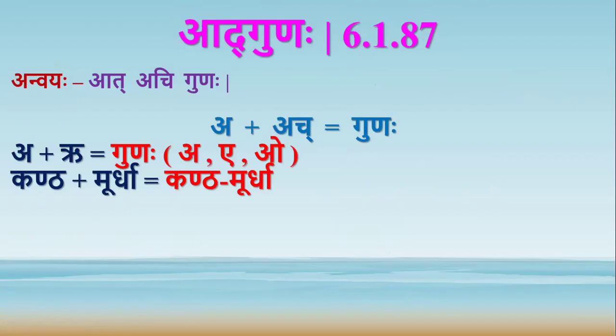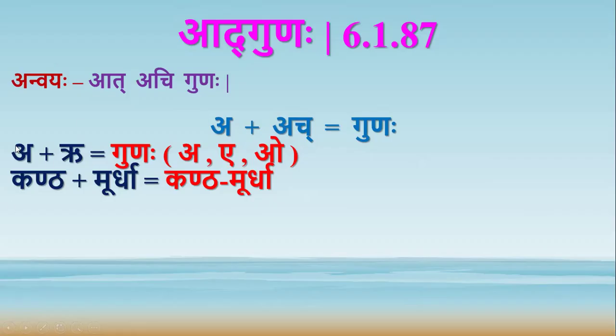In that case, if you take the adesha of ṛ, a plus ṛ as a, then actually it is ar. It is not just a. If it is ar, the uccharana sthana of a is kanta, that of repha is murdha. Then that resembles this combination a plus ṛ.